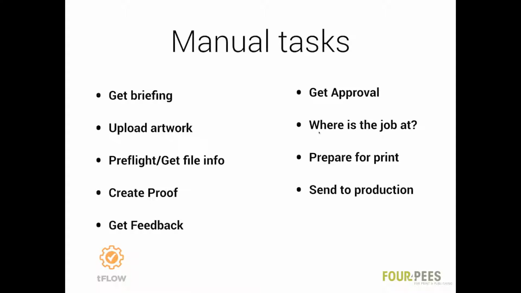Getting a briefing, uploading artwork, doing the pre-flight, or getting file information. You could look at pre-flighting as, is this file okay? Can I produce it? But very often, the question is also, what is this file that I'm getting? Are there any spot colors in there? What do I need to do with this? Those things tend to be still manual tasks.